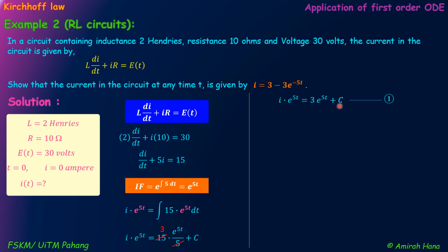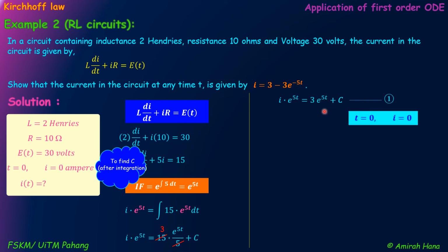So how do we find the value of constant c? Using this information: when time equals 0, the current equals 0 ampere. We can use this information to find the value of c after we integrate.